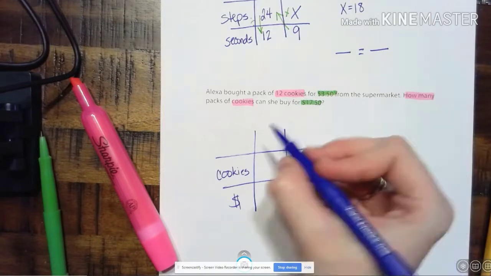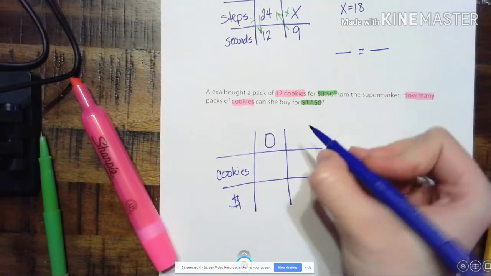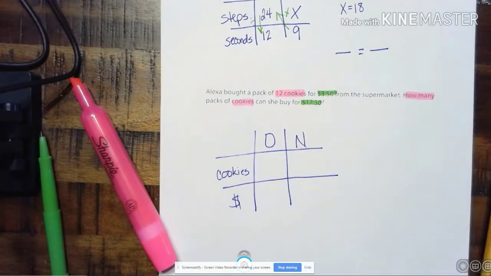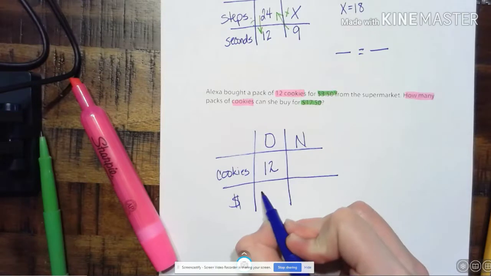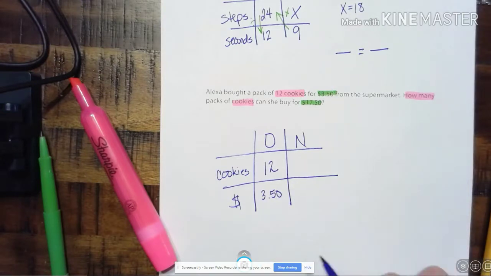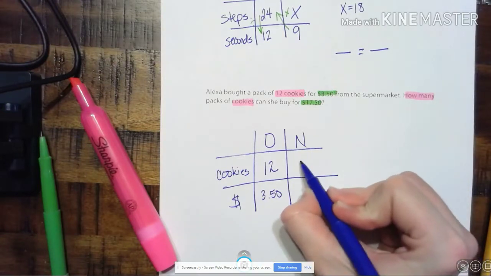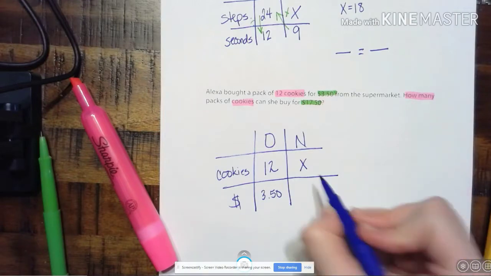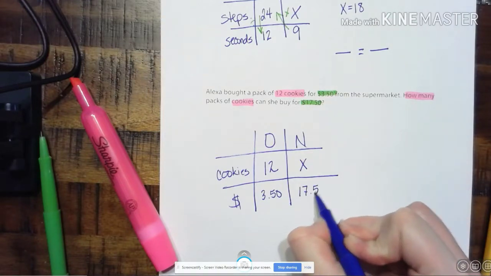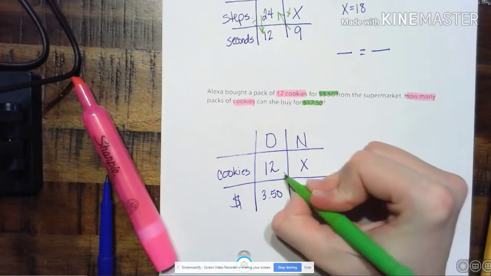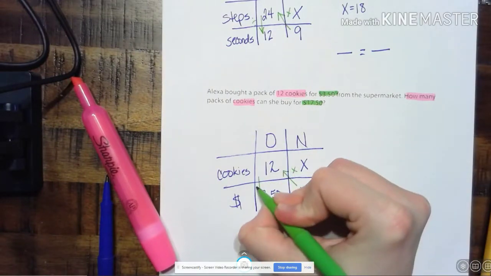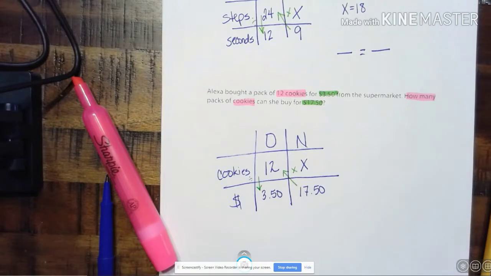So again, I have an original amount, that's the original comparison, and then the new amount is what I'm looking for. So my original amount is 12 cookies for $3.50. My new cookies is what I'm looking for, and I know that I'm going to spend $17.50. So again, we cross multiply and we divide.